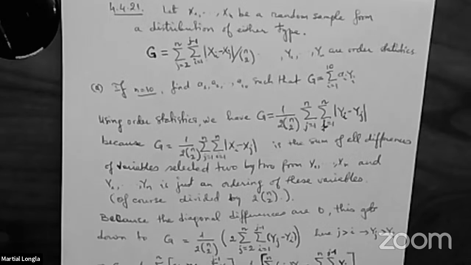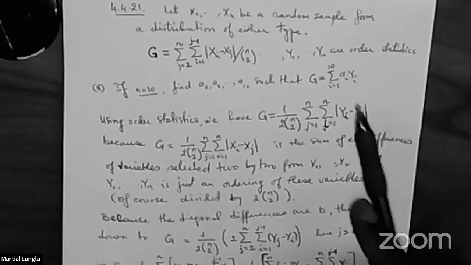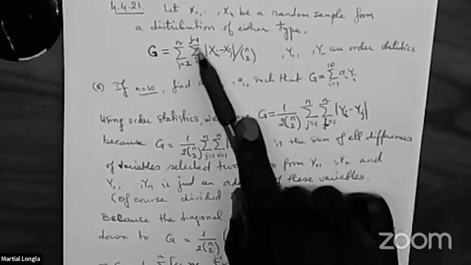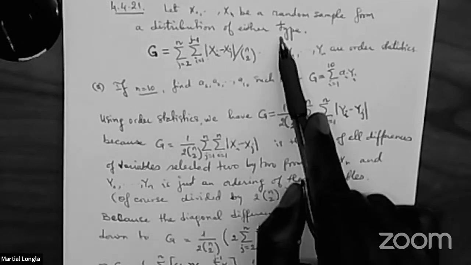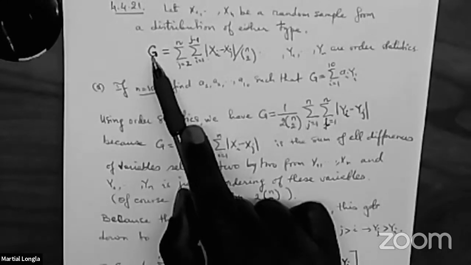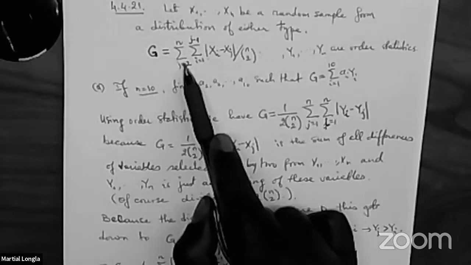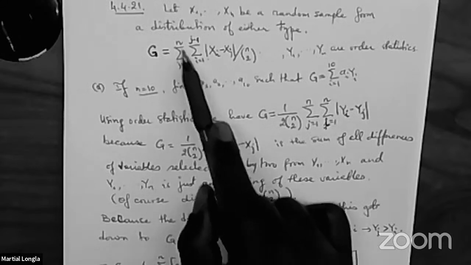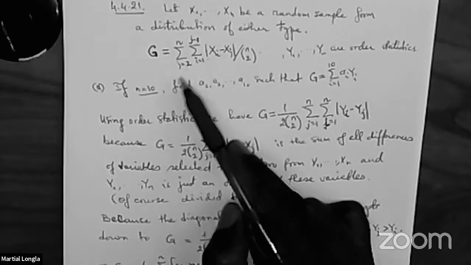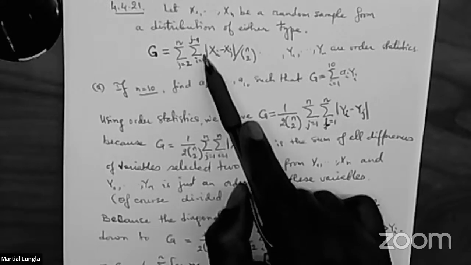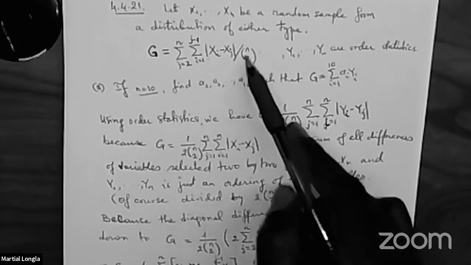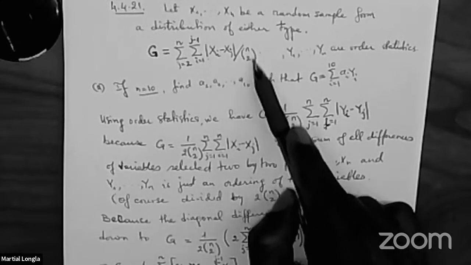So here, how do we do it? Look, we look at this problem. It says we have a random sample, x1 up to xn, from a distribution of any type. And we define G equal to the sum, j from 2 to n, of the sum, i from 1 through j minus 1, of the absolute value of xi minus xj, divided by n choose 2.